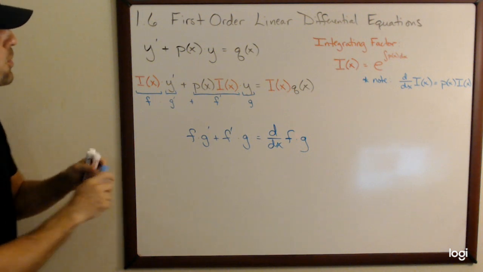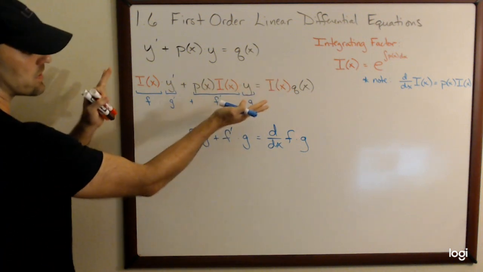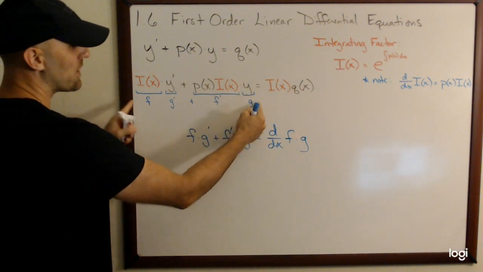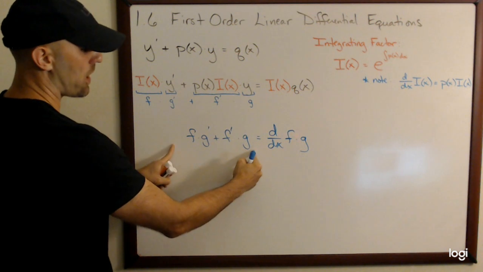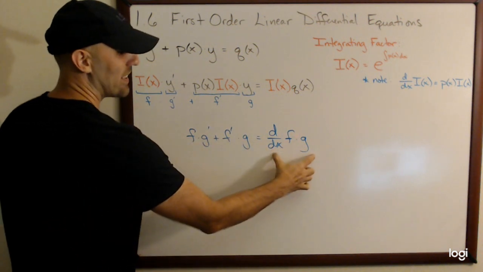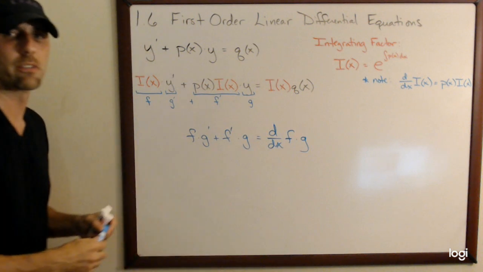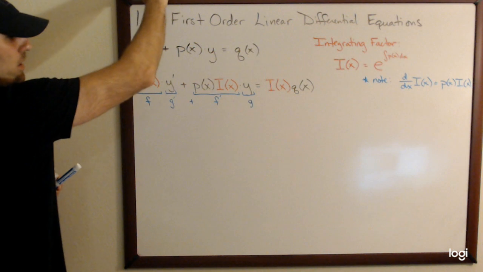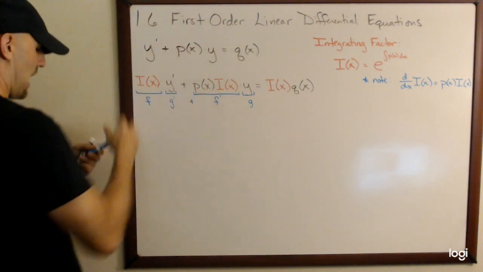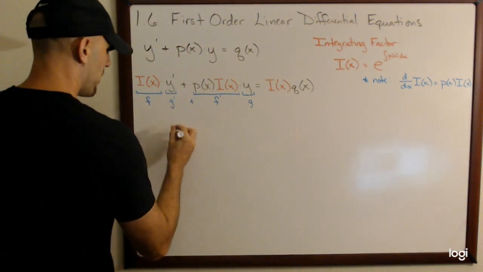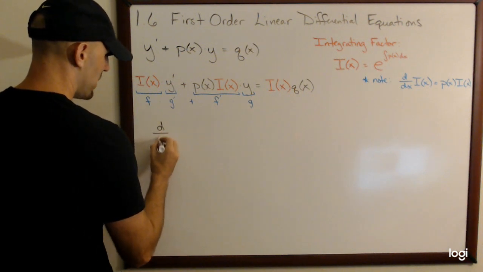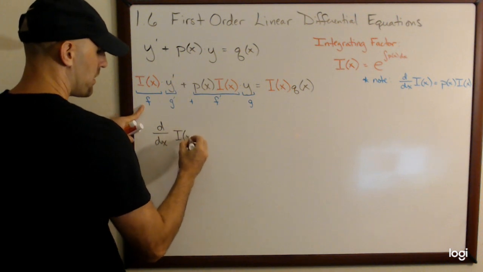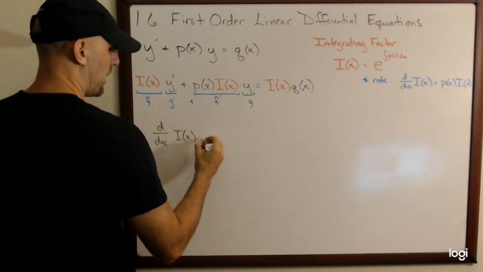This is the result of a product rule. And so what I'm going to do to continue the work on this problem is take the left-hand side, which is the result of a product rule, and rewrite it as the derivative of the product. Okay? So let's do that now. The left-hand side, we're going to rewrite as the derivative, so d dx, the derivative of f, this was f, times g.